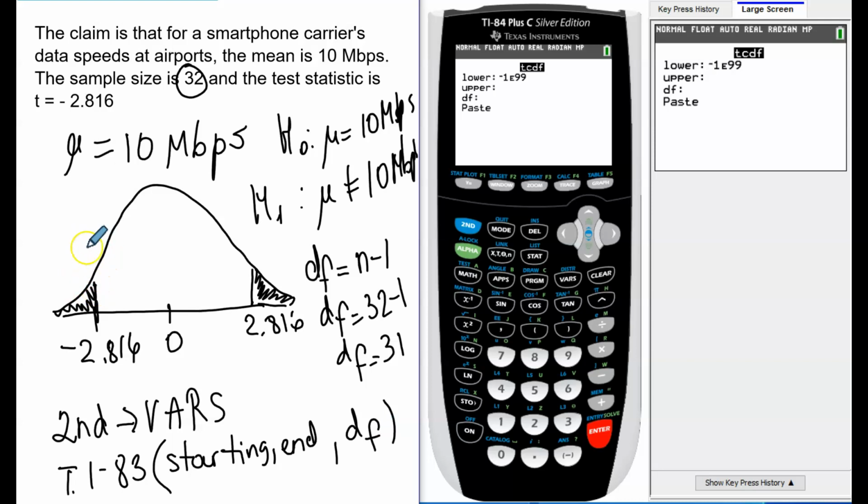In this case, let's look at the left tail. The left tail starts with negative infinity. So in the Ch8-3, you will enter negative 99999, or you can enter negative 1e99.